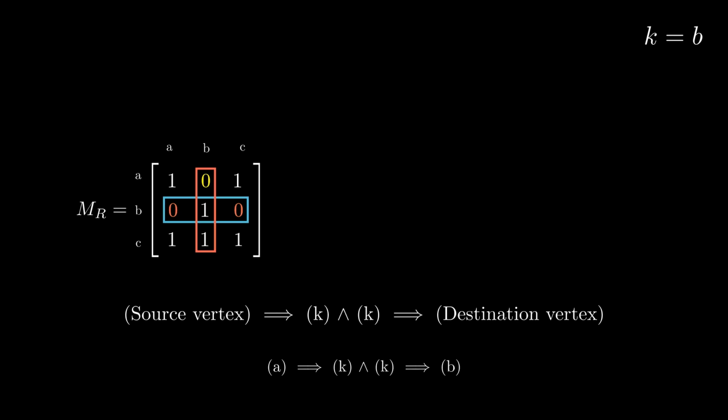We simply substitute for K, and now it would be a to b and b to b. We check for connections. We see that it would be 0 and 1, and 0 and 1 is just 0. From here, I will let the algorithm proceed by itself. Feel free to pause the video and try it on your own.